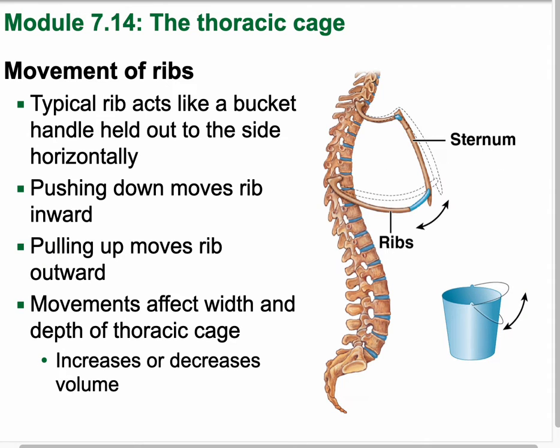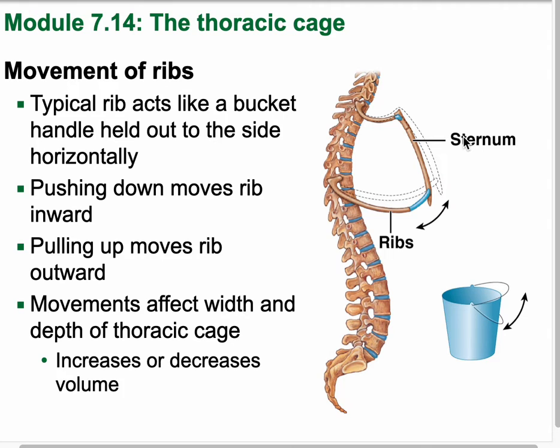And lastly, we need to understand how ribs move. And a good description of this, or the analogy that your book uses, is that ribs act like a bucket handle. So if you think about the handle on a bucket that you can lift it up or you can lay it down onto the side of the bucket. You can hold it out to the side horizontally, and then you could push it up or push it down.